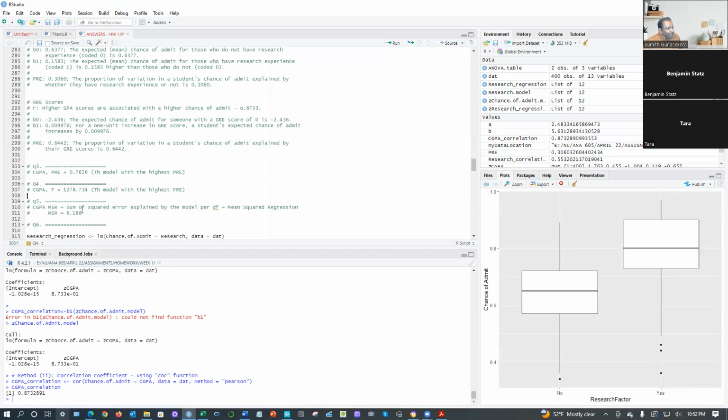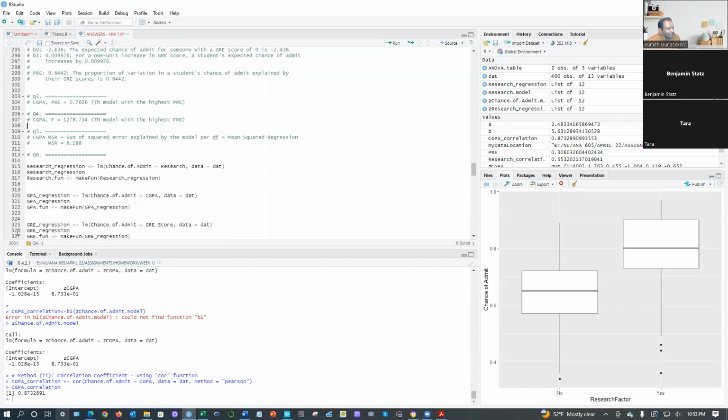Variation per degrees of freedom is nothing but mean squared. Explaining more variation by that means mean squared regression.